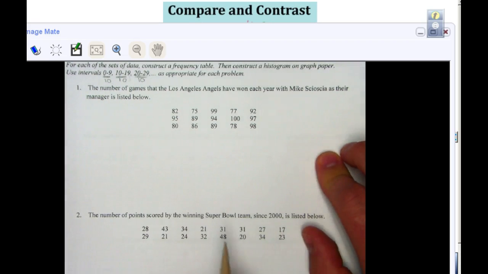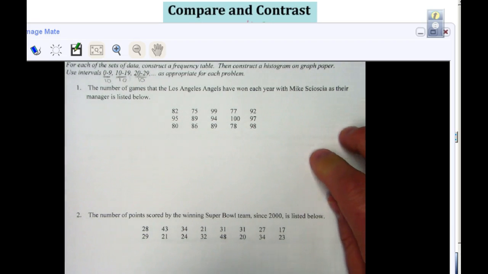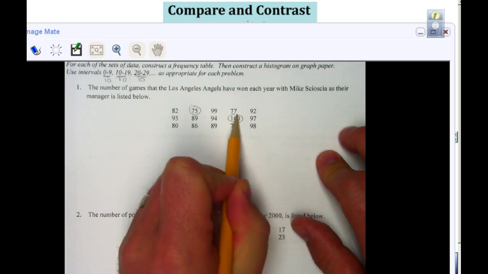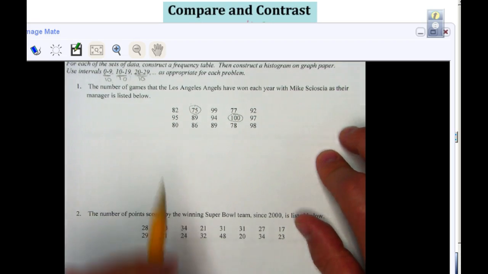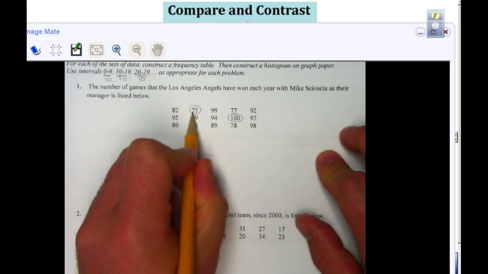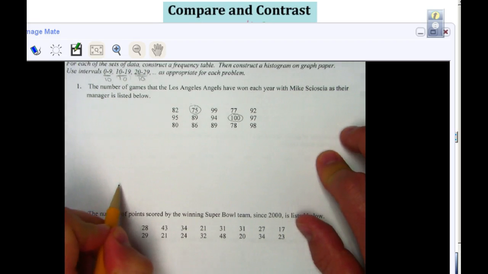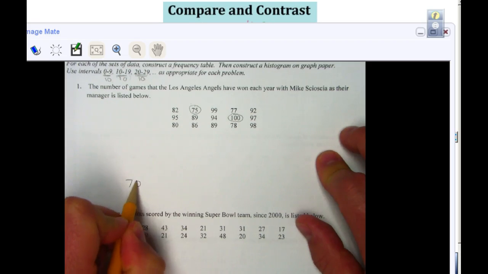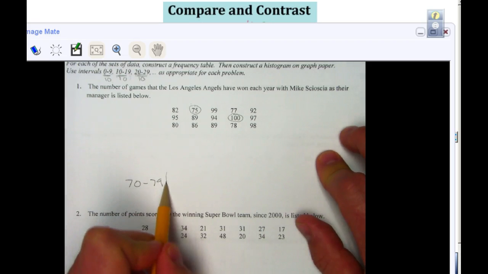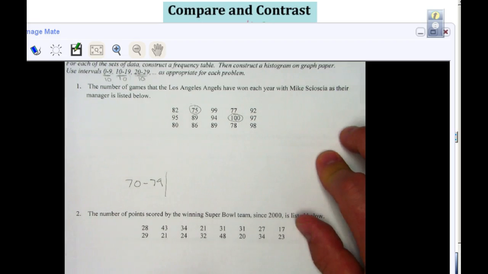So what is the lowest and the highest data point here for number 1? 75 is the lowest, and 100 is the highest. So that lets me know where I should start my intervals. So since 75 is the lowest, I'm going to start at 70 to 79. And I'm going to go all the way up until I include 100.